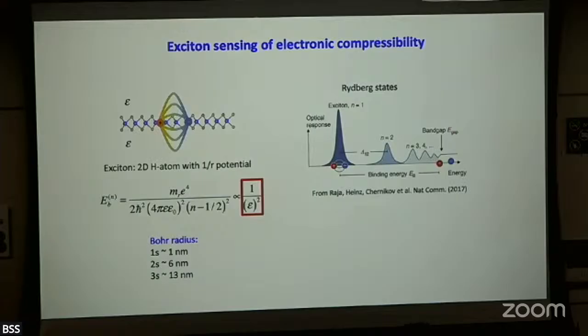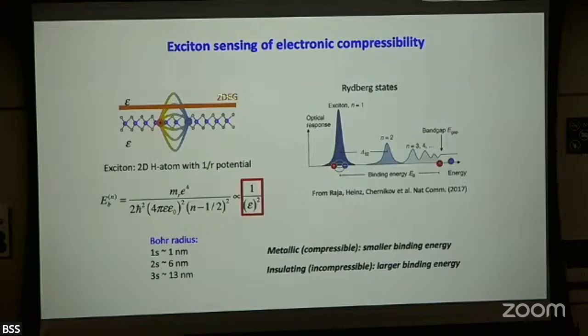So the idea is that now if I have a sample that's close to this monolayer sensor, but they are not electronically coupled, so they just interact via the Coulomb interaction, right? In that case, I can imagine that if the sample is metallic, then it will screen the electron-hole in the sensor layer.